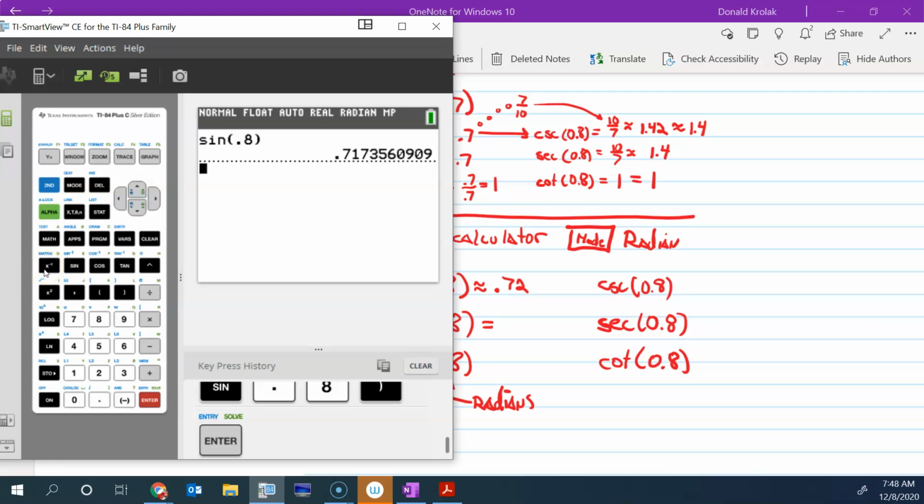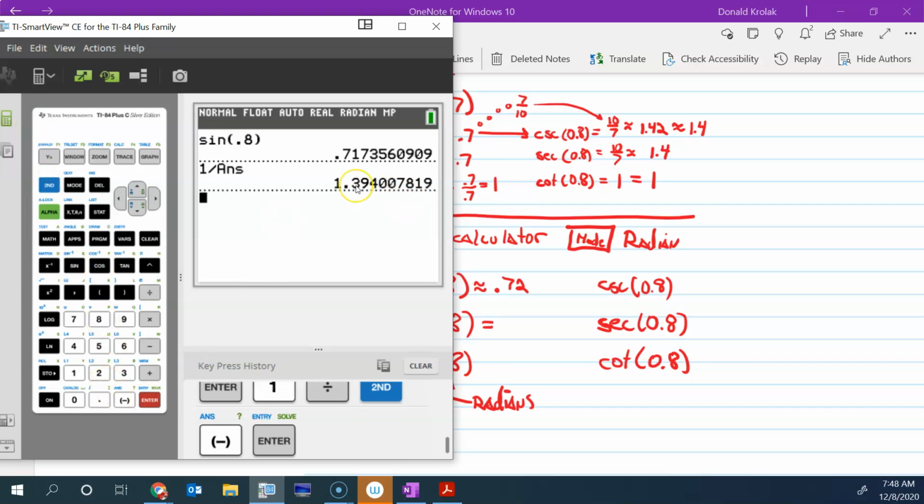Or you can do this: you can go 1 divided by your answer, second answer, and that's the reciprocal. So if I flip this decimal, I would get this. That to two decimal places is 0.39.